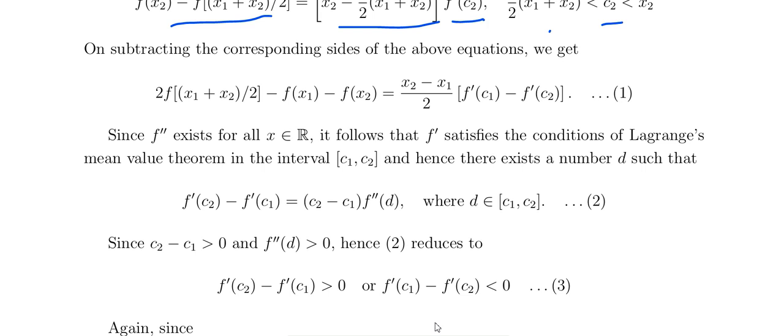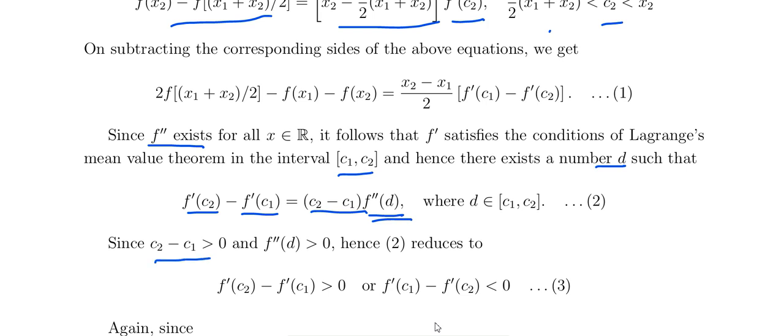Okay, so by the Lagrange mean value theorem, in the interval C1 comma C2, there exists a number D such that f dash of C2 minus f dash of C1 equals C2 minus C1 times f double dash of D. Since the second derivative exists, f dash satisfies the condition of the Lagrange theorem. If you apply the Lagrange mean value theorem to f dash and differentiate again, f double dash, it means D exists in the interval C1, C2. So this is the output we get: D belongs to C1, C2.